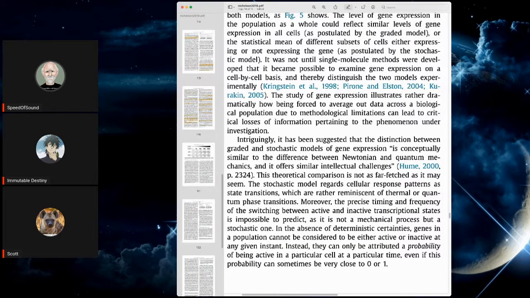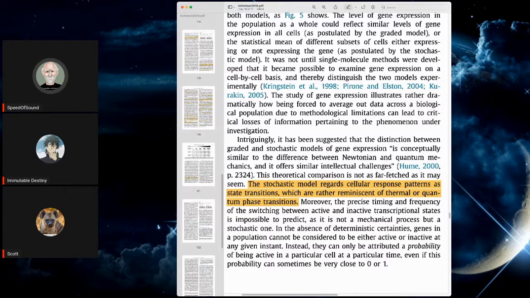Intriguingly, it has been suggested that the distinction between graded and stochastic models of gene expression is conceptually similar to the difference between Newtonian and quantum mechanics, and it offers similar intellectual challenges. This theoretical comparison is not as far-fetched as it may seem. The stochastic model regards cellular response patterns as state transitions, which are reminiscent of thermal or quantum phase transitions.